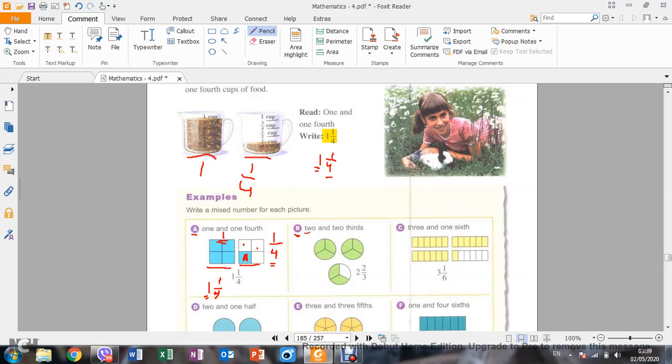2 and 2/3 means what? I have 2 wholes. For example, we have pizza, we have 2. The first one is 2, I'll write 2. So we have 2 pizzas, okay? This is the first one completely, and this is the second one.